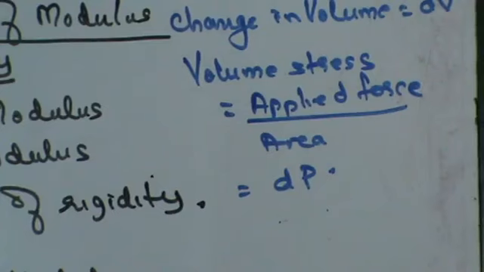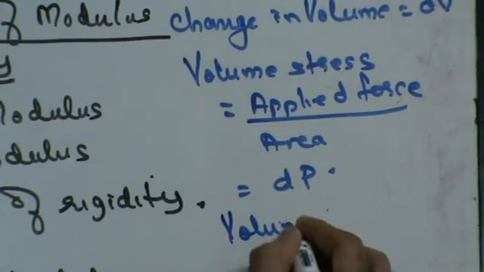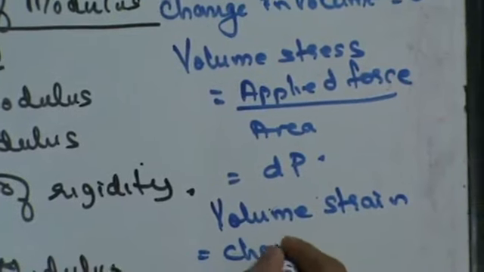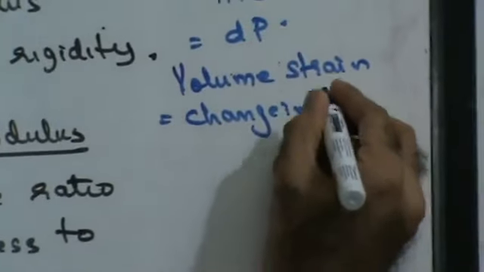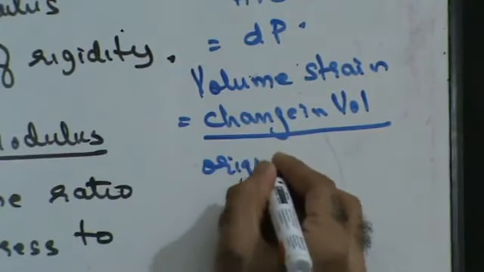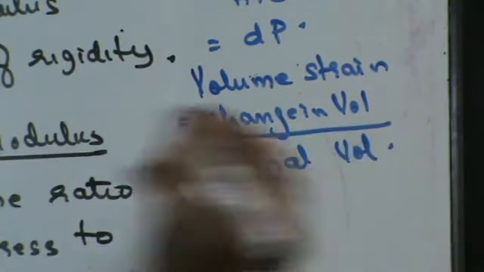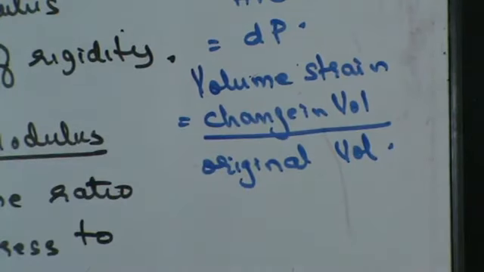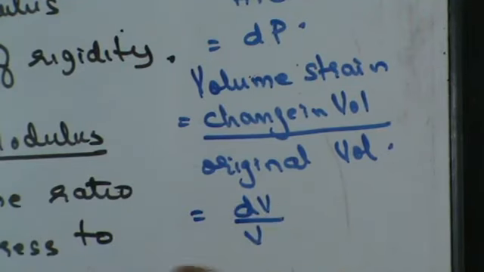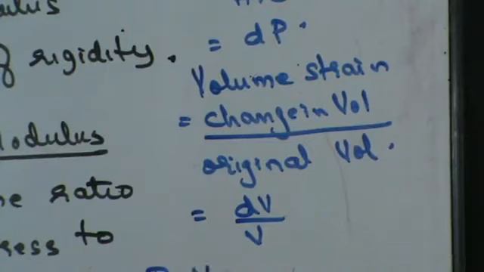Next, volume strain. Volume strain is change in volume upon original volume, which is going to be nothing but dV upon V.